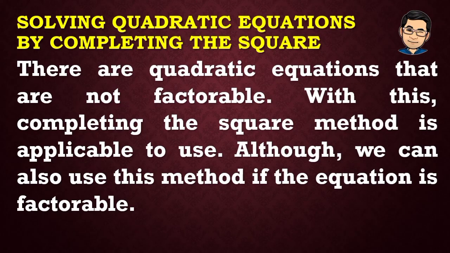For example, if a given equation is factorable using extracting the square roots or factoring, we can also use completing the square. It is not limited to equations that are not factorable. It can also be used on factorable equations.